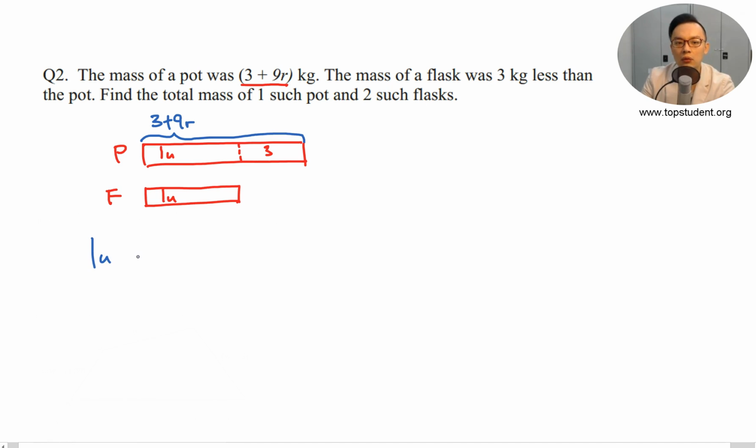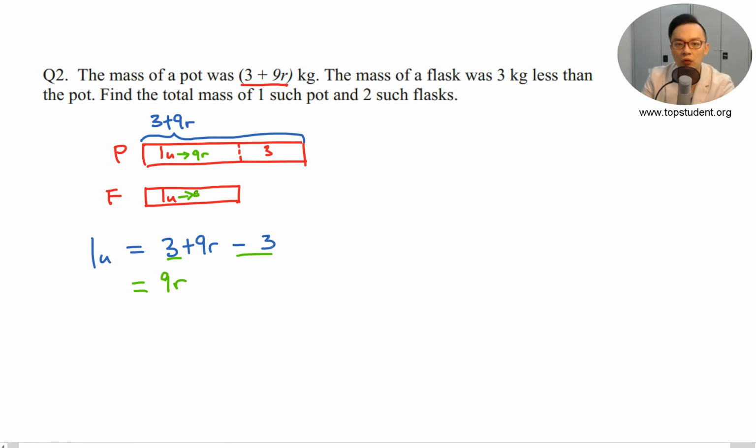So 1u is basically equals to 3 plus 9r minus away 3. Does that make sense? All right, so 9r don't touch because the others got no r. So 3 minus away 3. So if you just take the 3 here minus away the 3 here, it is equals to 9r. So your 1u is actually 9r.